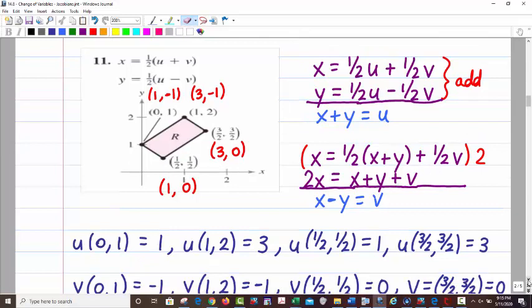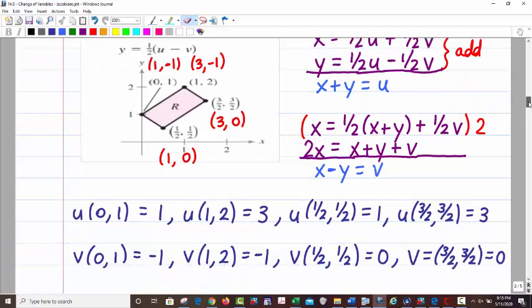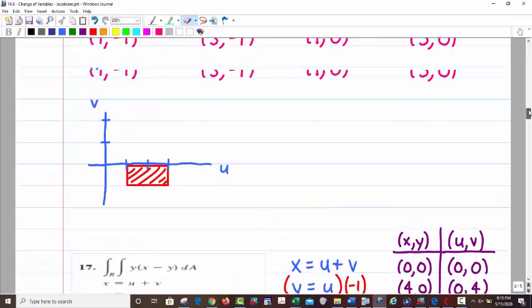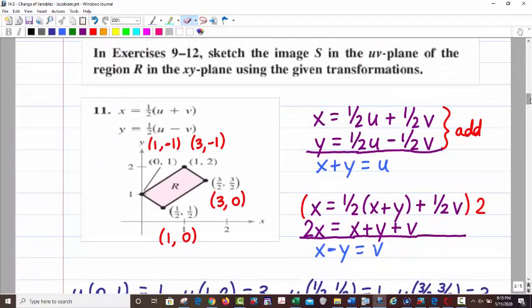So here's another one. It's just asking us to set it up real similar to that last one. It's giving us the 4 points in rectangular form. So you take the two equations, and this time I'm getting u in terms of x and y, and then v in terms of x and y, to come up with the coordinates.